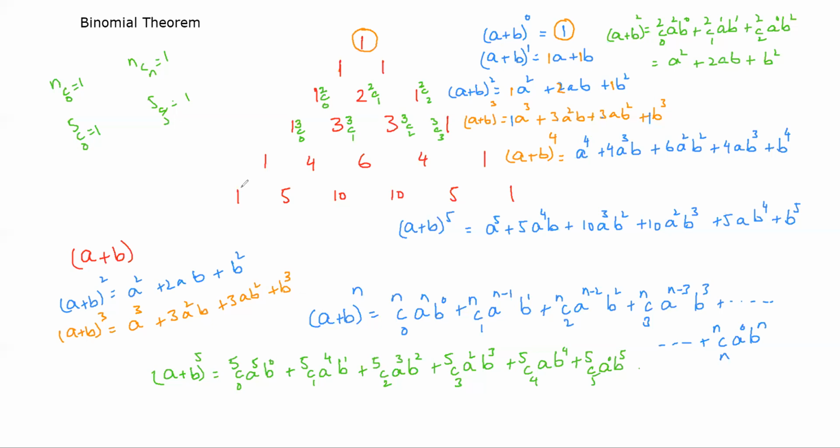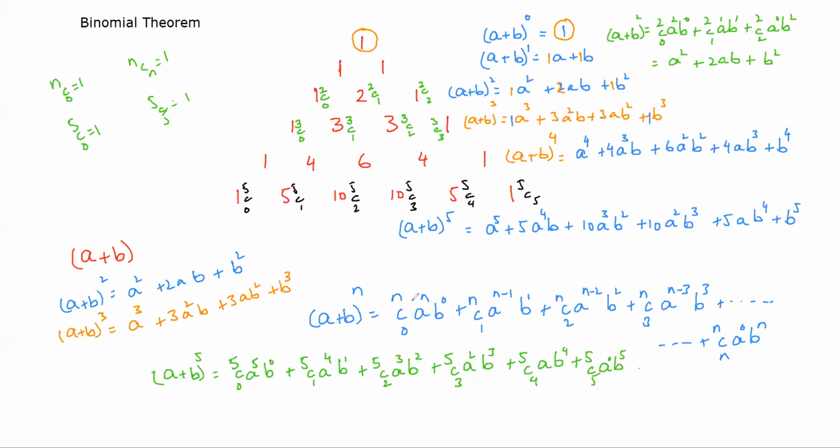This is going to be 5C0. This is 5C1. This is 5C2. This is 5C3. This is 5C4. And this is 5C5. If you use your calculators, you will see that 5C0 is 1, 5C1 is 5, 5C2 is 10, 5C3 is 10, 5C4 is 5, and 5C5 is 1.